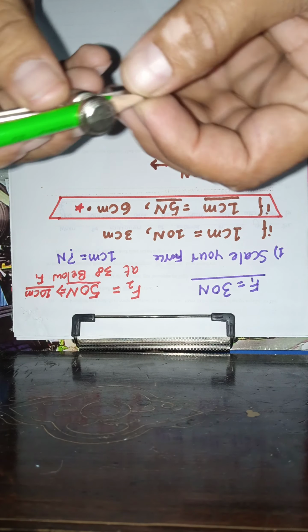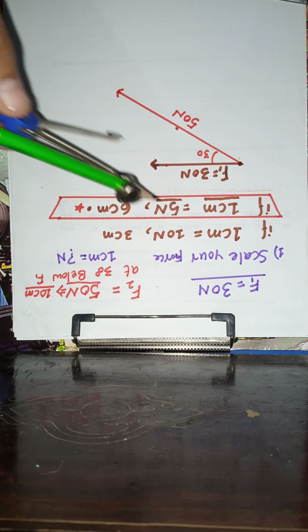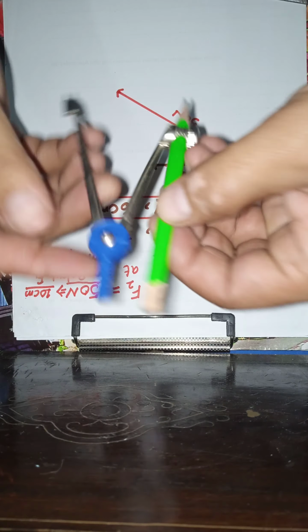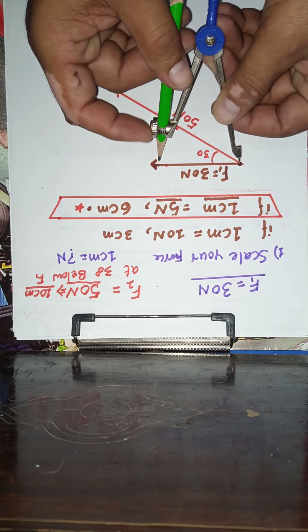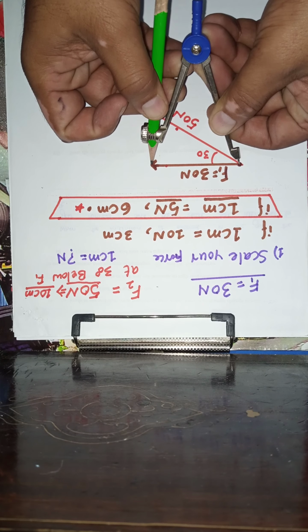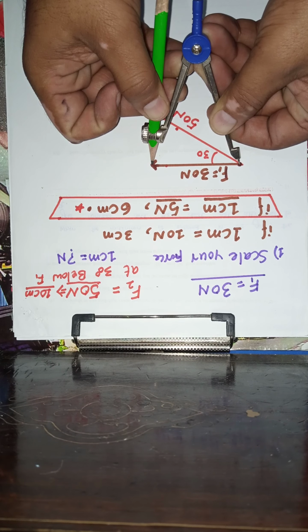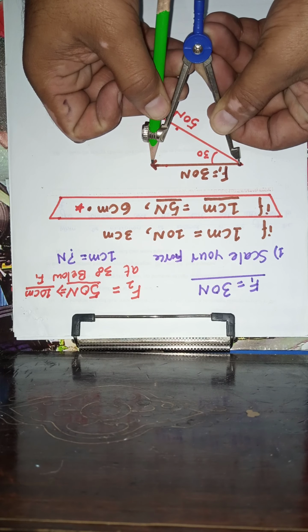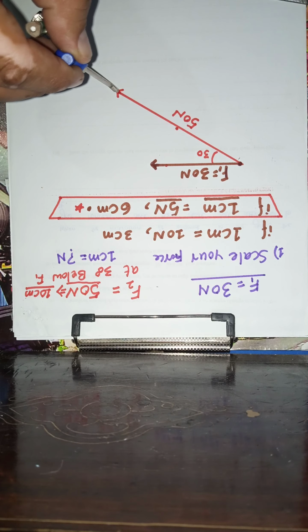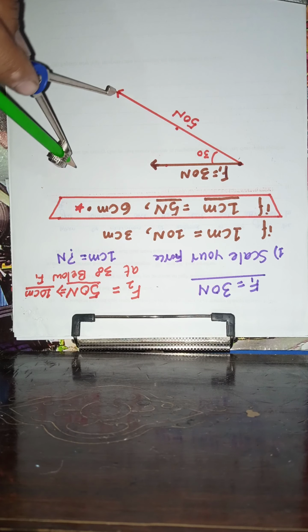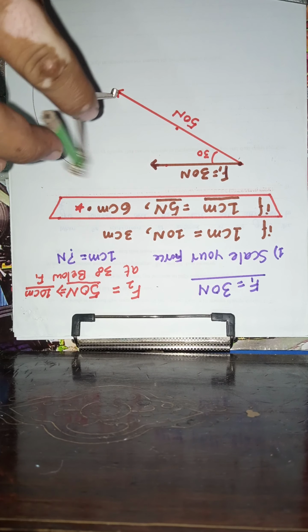Actually, I'm going to emphasize the parallelogram method over here. I will open the compass equal to the length of the first vector, 30 newton, I mean 6 centimeters. Then I place it at the head of the second vector, I mean 50 newton, and draw an arc.